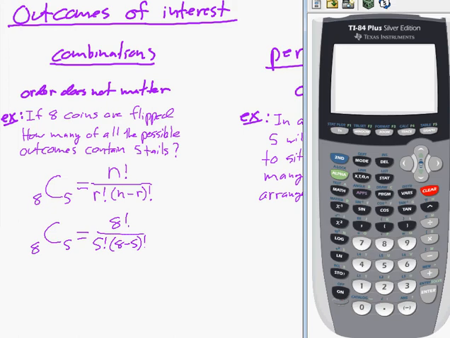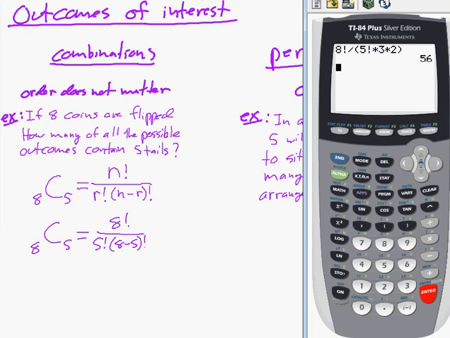And so I could enter that into my calculator. 8 factorial divided by, make sure you use the parentheses, or it may give you the wrong answer. 5 factorial times, and of course 8 minus 5 is 3. 3 factorial is 3 times 2, so I don't see the use of using factorial when I could just do that.